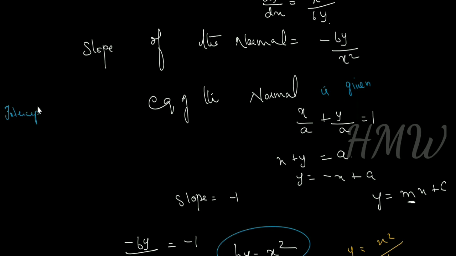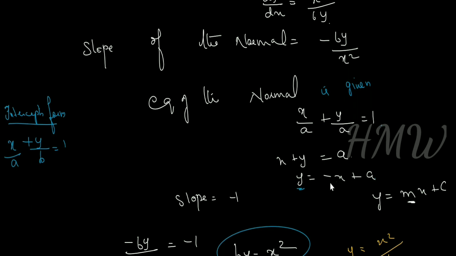The intercept form of a line we know: x by a plus y by b is equal to 1. Equal intercepts means a and b are equal. So x by a plus y by a is equal to 1. So x plus y is equal to a. So y is equal to minus x plus a.